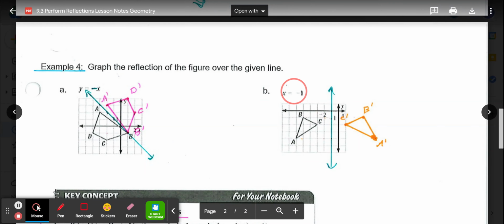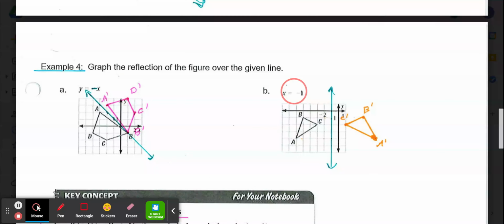In B, we're reflecting in the line x equals negative 1, or over x equals negative 1, means the same thing. So I drew my vertical line at negative 1, and then what I want to do is move each point over that line. So for example, here is B, and it's 1, 2, 3, 4 away from that line. So without going up or down, I'd just go 1, 2, 3, 4 to the right.